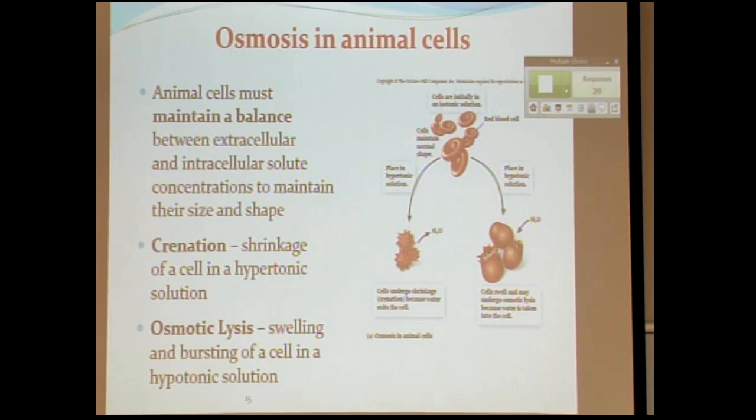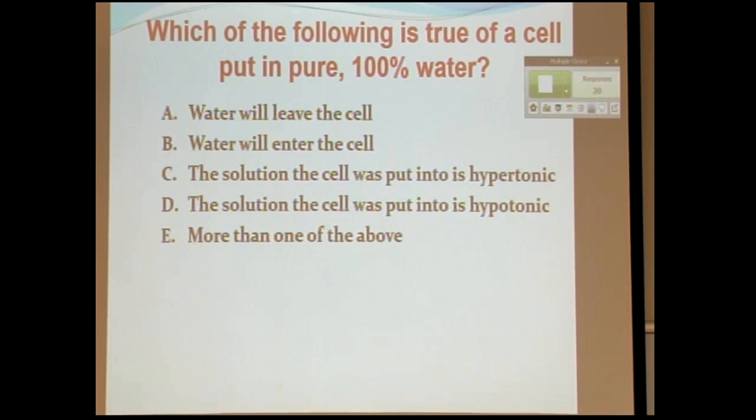Less salt. If they're too hydrated, which is much less common, they get a hypertonic solution. Right. So which of these is true of a cell put into pure water?